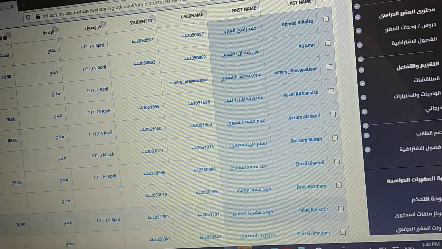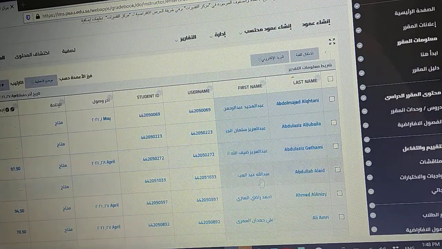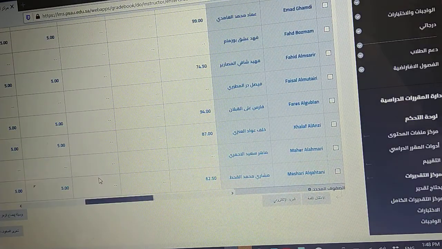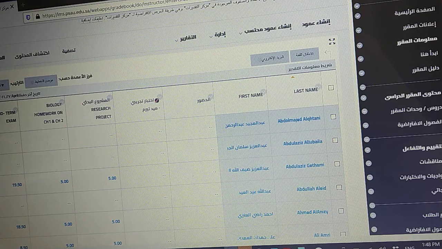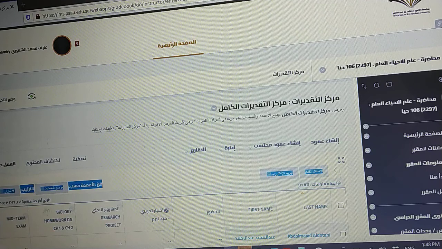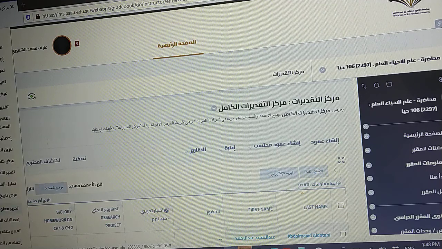Also, a number of columns represent the marks of the students in different assessment methods. For example, here in the midterm exam, I will choose column statistics.